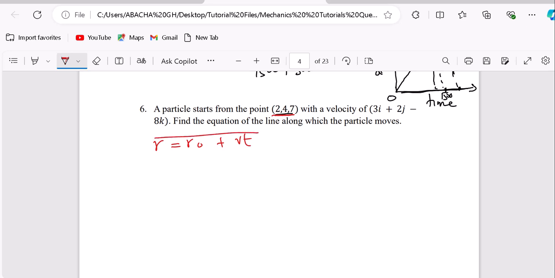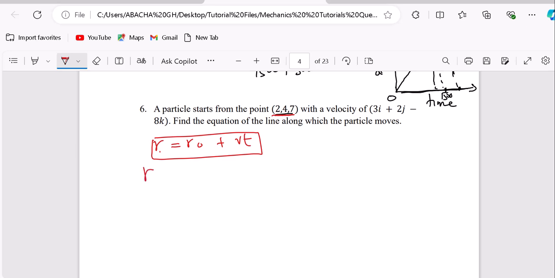This is the formula for finding the equation of a line, where r naught represents the initial point and v is the directional vector, in this case the velocity that has a direction. And so we just have to plug in these values to get our equation.